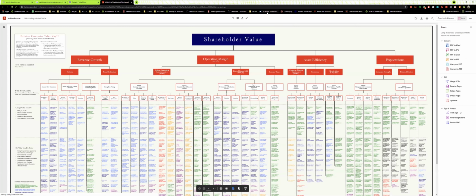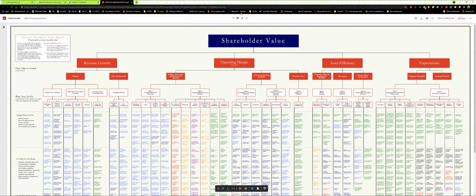Can you all see my screen? Can you see the PDF? Yes, sir. Okay. So yan, ganyan siya kalaki.